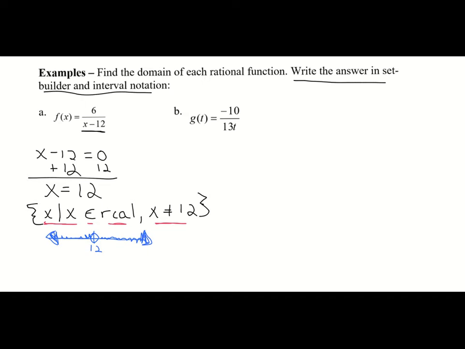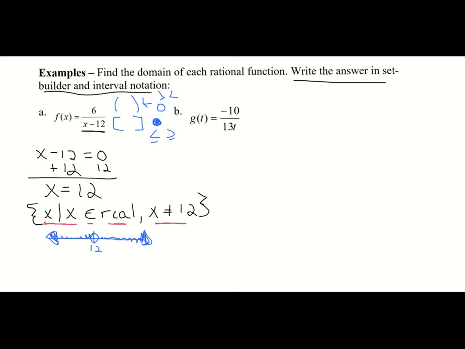So now if I'm going to put this in interval notation, remember interval notation, we use parentheses and brackets. Parentheses would be if it is greater than or less than, or if it's on a number line, use that open circle. A closed circle, or greater than or equal to, less than or equal to, those are brackets.